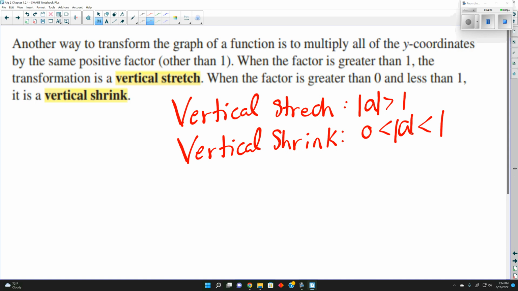And the reason they add the absolute value is, again, to remove the negative case. Because negative is purely with reflection. The A being negative is just telling us it's a reflection across the x. The number tells us if it's a stretch or a shrink. So if the number is greater than 1, not caring about the sign, then it's a stretch. If the number is between 0 and 1, then it's a shrink.